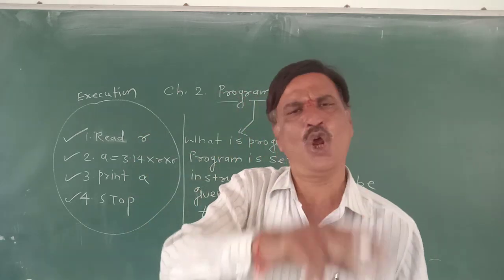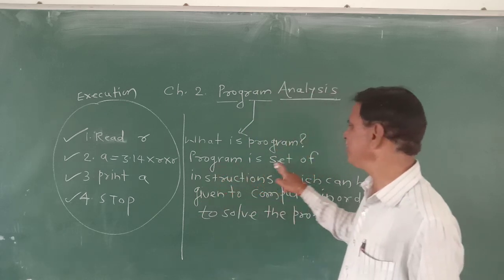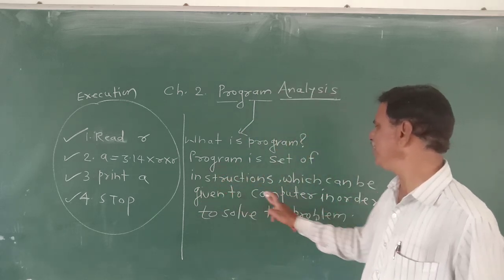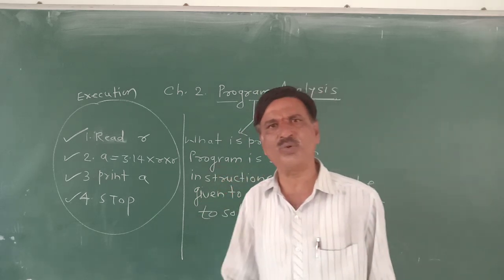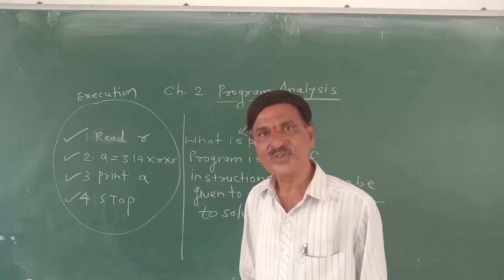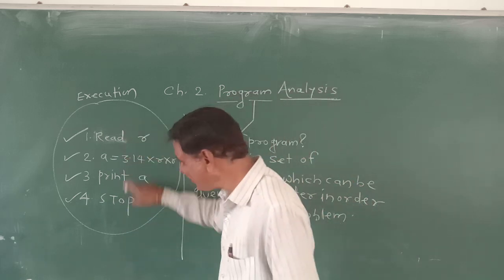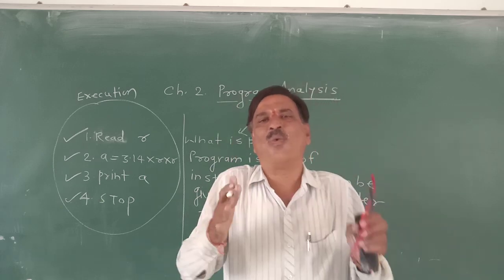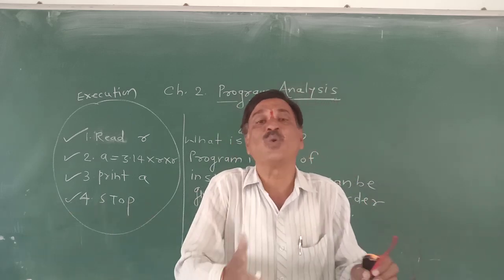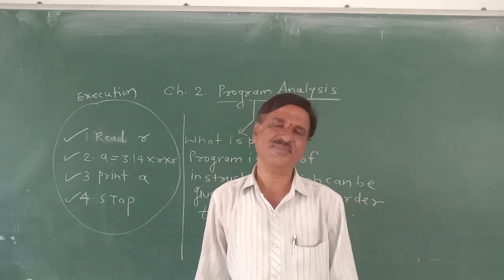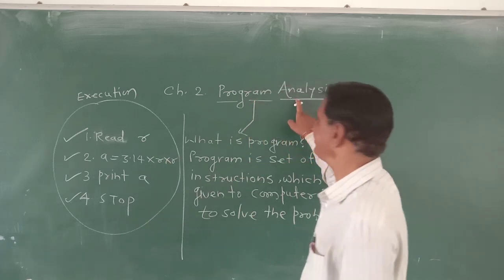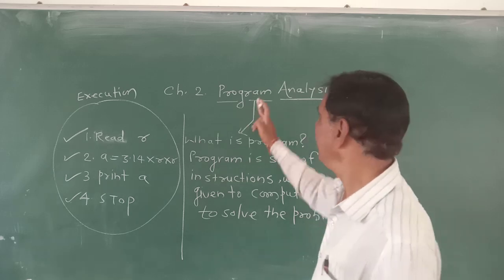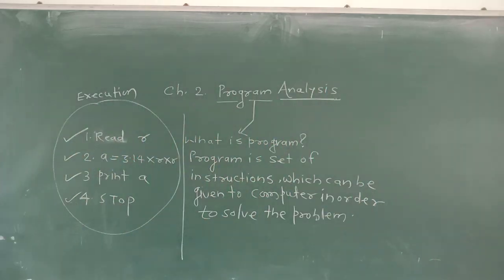So program is a set of instruction which can be given to computer in order to solve the problem. But to create it, first we must know what the problem is and how to solve it. That's why we must analyze. That is called as program analysis.